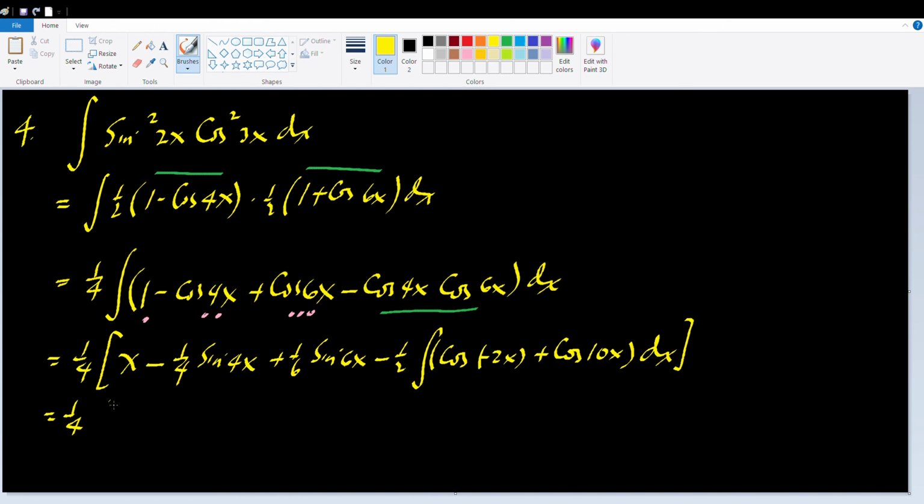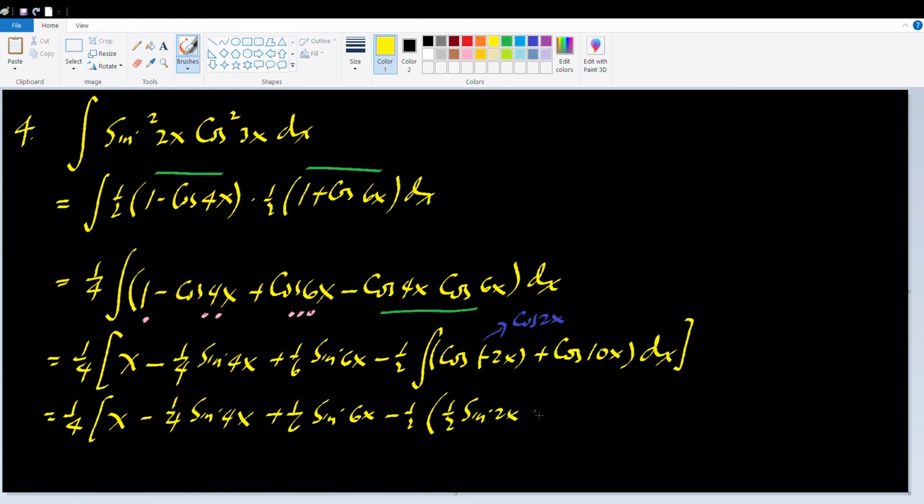Continue, we have 1/4 x minus 1/4 sine of 4x plus 1 over 6 sine 6x minus 1/2. We know that cosine of negative 2x is the same as cosine of positive 2x. And the integral of cosine 2x is 1/2 sine of 2x.